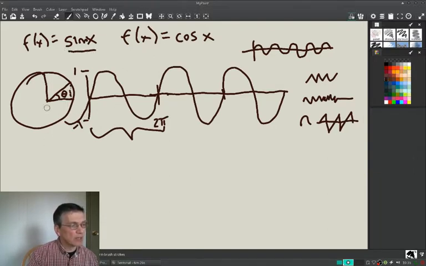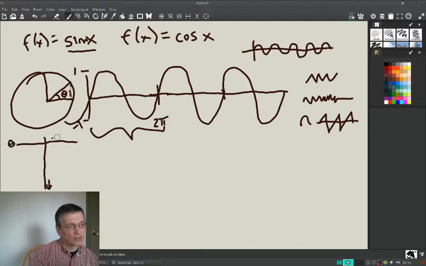Cosine of x, we're doing this in the x, so you can kind of see it here. I'm going to kind of do the y sideways here. So y starts out, this is y going that way, and actually that's theta going that way.